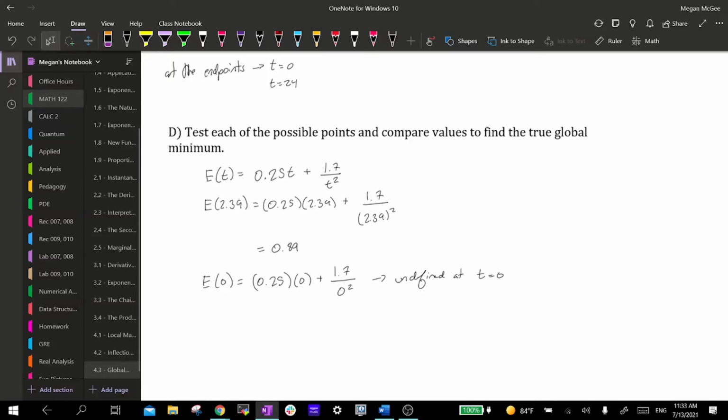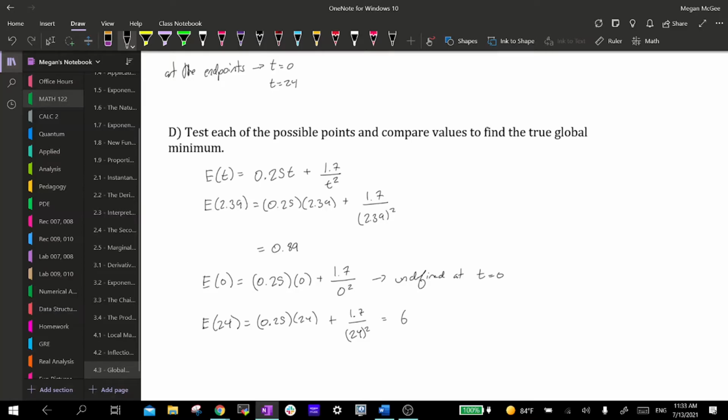And then finally, our other endpoint would be t is equal to 24. So if we go ahead and plug this in, we get 0.25 times 24 plus 1.7 over 24 squared. And this gives us 6. All right, so we are undefined at t is equal to 0.